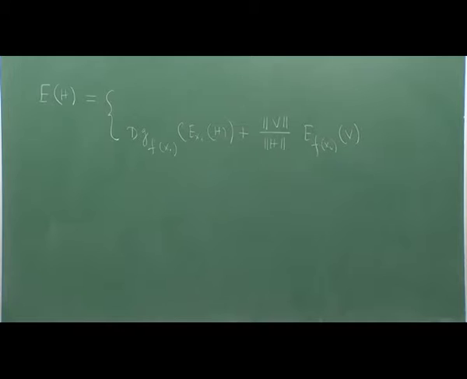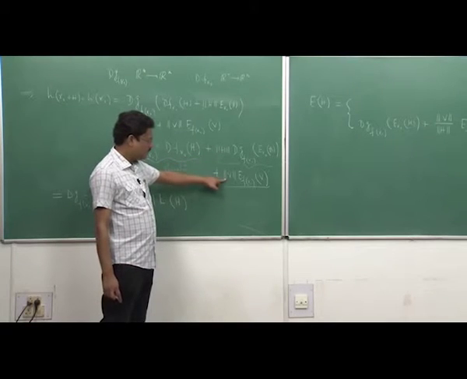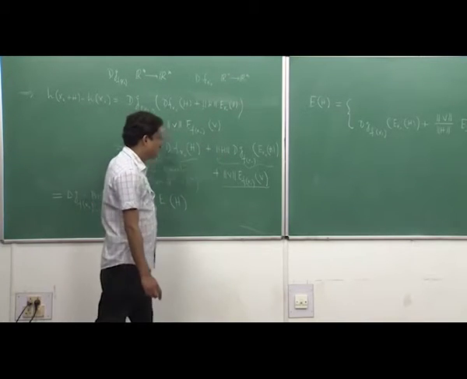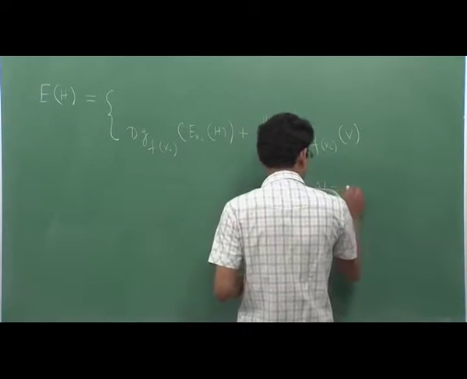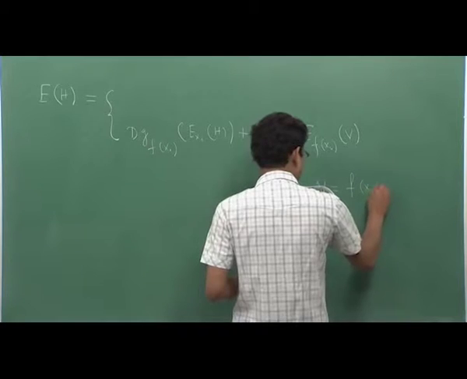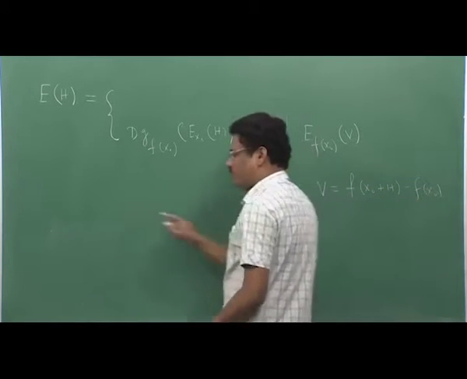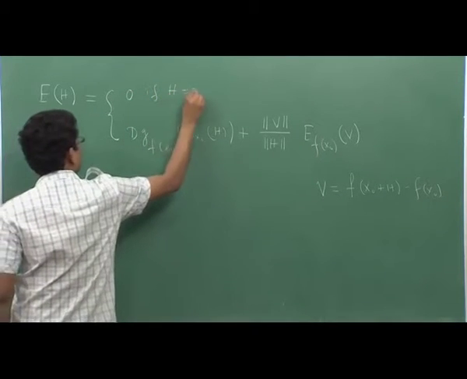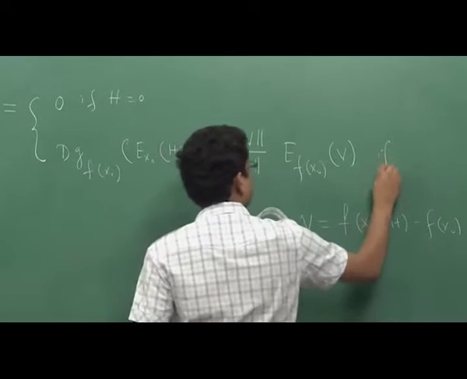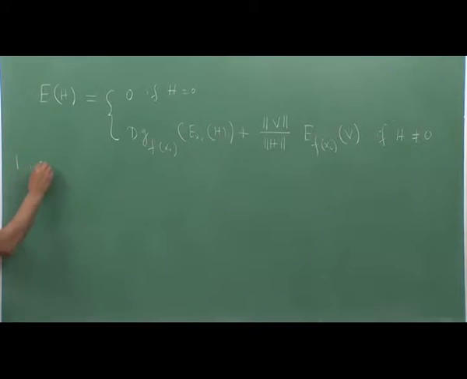But what will happen if H is 0? This term is 0. If H is 0, then norm V is 0, because recall what V is. So H is 0, V is also 0, so this is 0 if H equal to 0, and this is the expression if H not equal to 0. Convince yourself what I have written is correct.